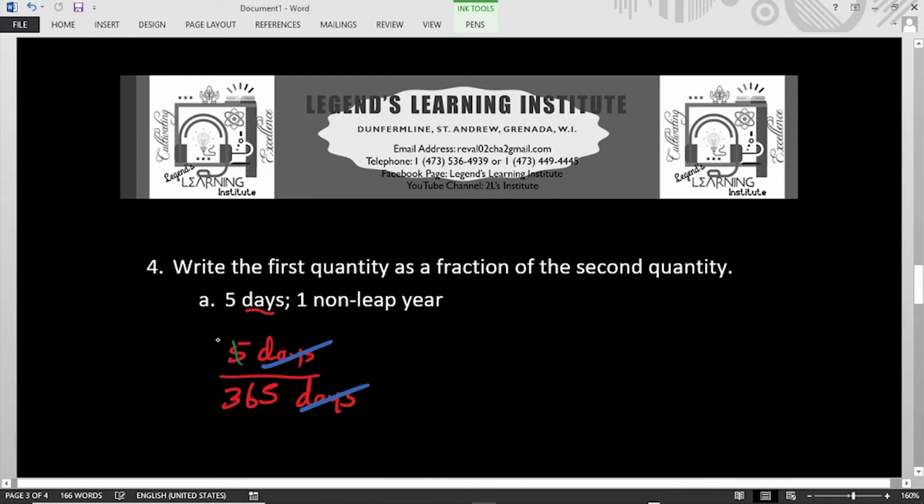So 5 into 5 is 1. 5 into 365, well, let's see, 5 into 36 is 7, because 5 sevens are 35, remainder 1, and 5 into 15 is 3. So we get as our answer 1 over 73. Okay, that's the answer there.